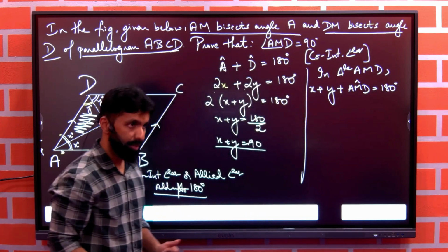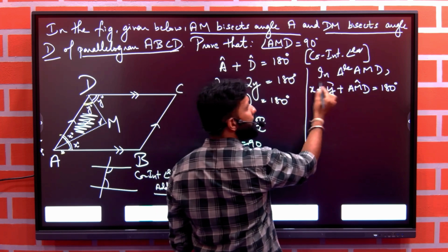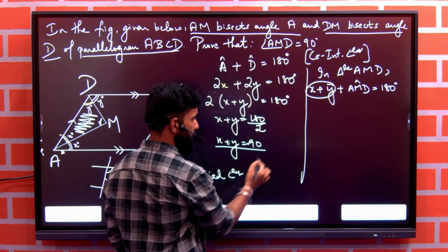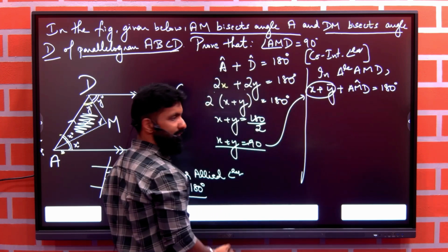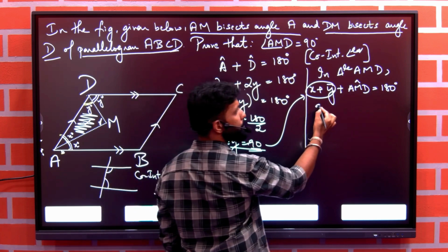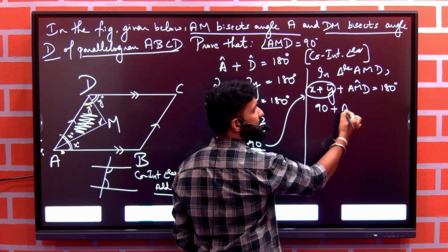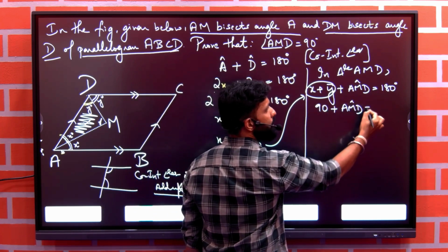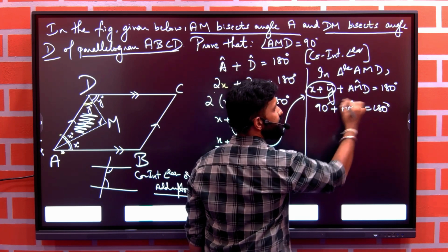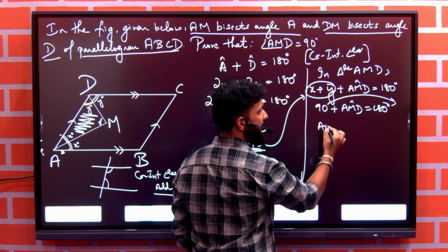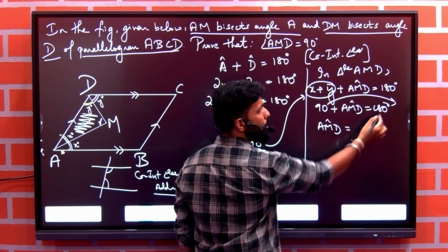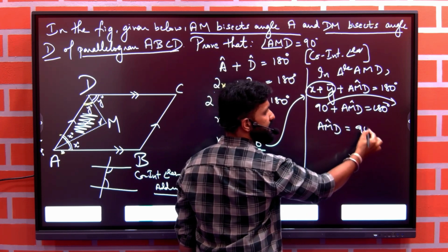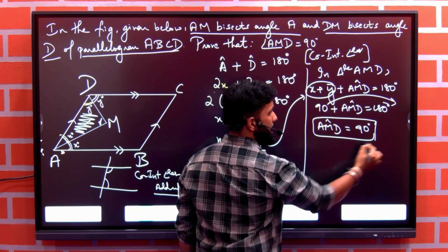Angle sum property, isn't it? But what is the value of x plus y? I got x plus y as 90, right? So I substitute 90 here plus AMD is equal to 180 degrees. I shift the 90 to the right. So AMD is equal to 180 minus 90, which is 90 degrees. Hence proved.